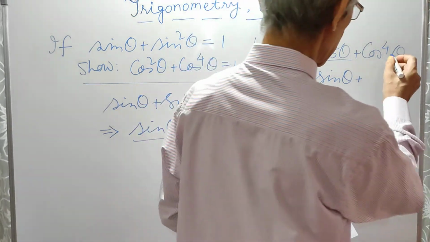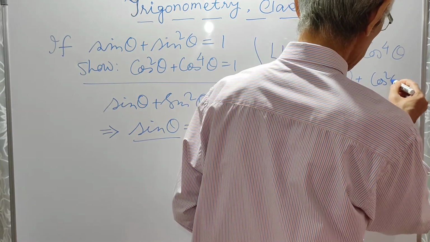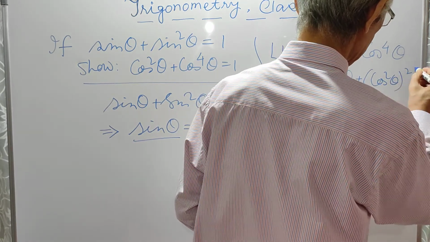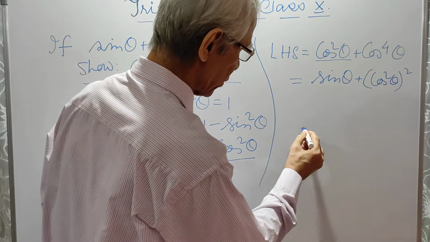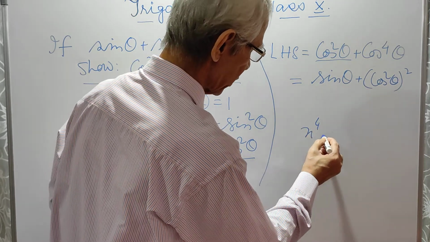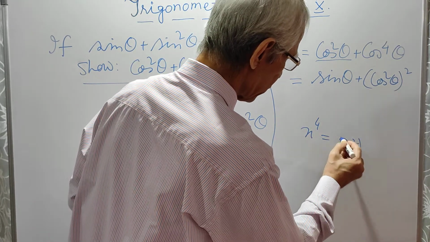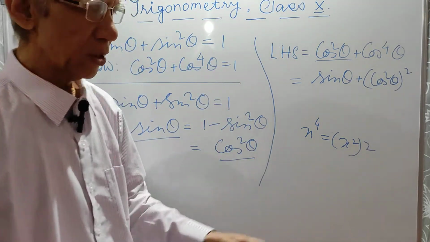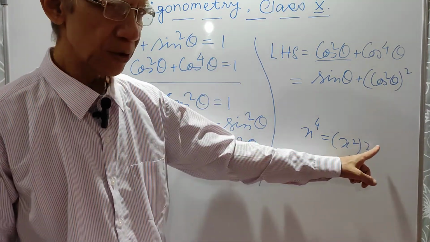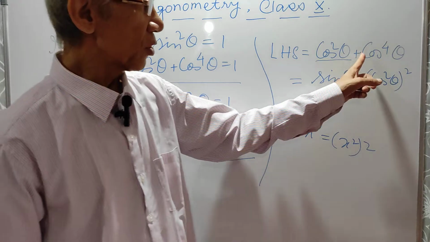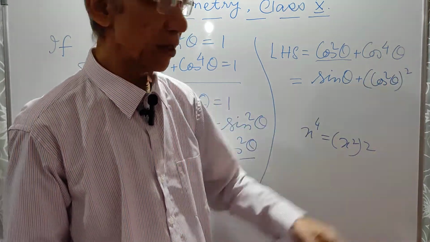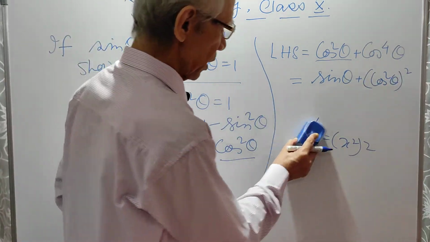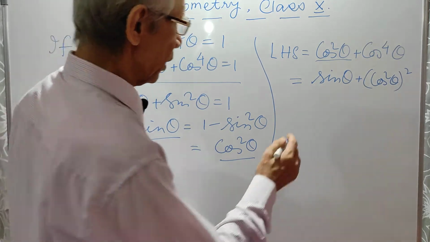Cos 4 theta, what you can write? Cos square theta whole square. It is like x to the power 4. X to the power 4 is x square whole square, isn't it? 2 into 2, 4. That way cos 4, we can write cos square whole square. All right. So next step.